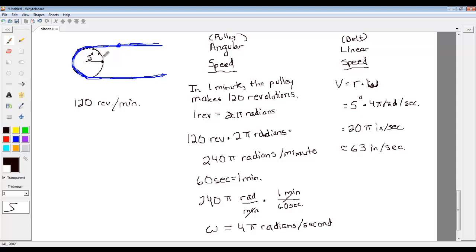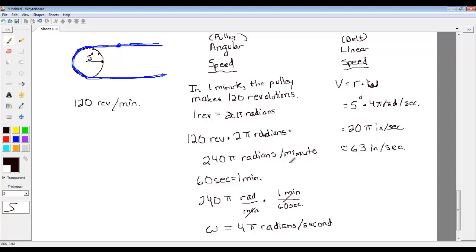Not only is the angle going around 2 times every second, because the angular speed is 4 pi radians per second, but what's happening with linear speed is that this point is traveling the circumference twice.